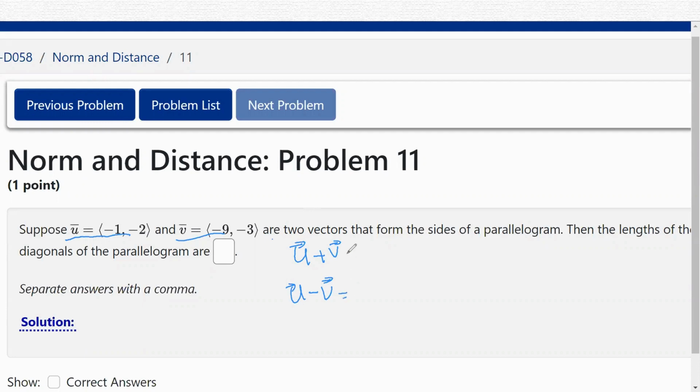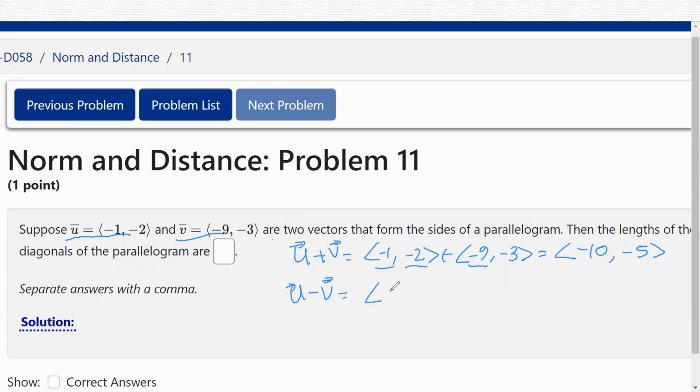It's simple. You have to add the vectors. We know how to add, right? So negative 9, comma, negative 3. How do you add them? First one, add with the first one. Second one, add with the second one. So negative 9 minus 1 is going to give me negative 10 if I add them. Negative 2 plus negative 3 is going to give me negative 5.